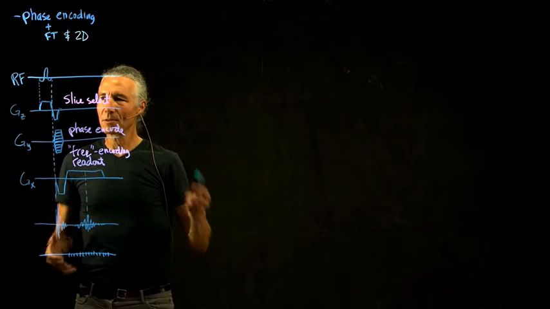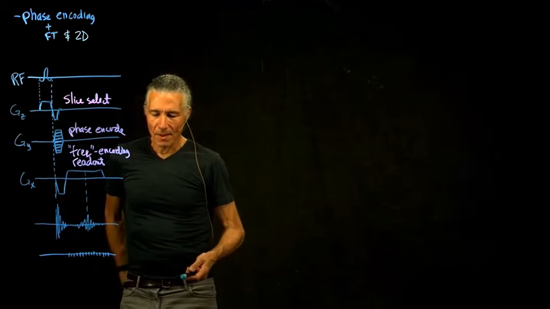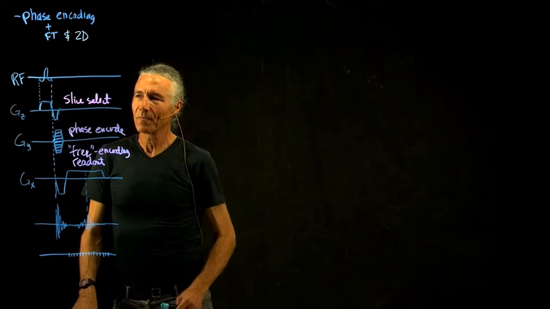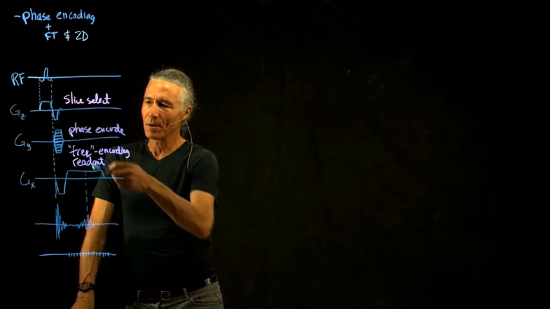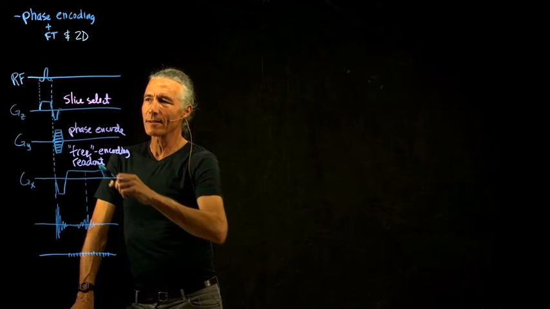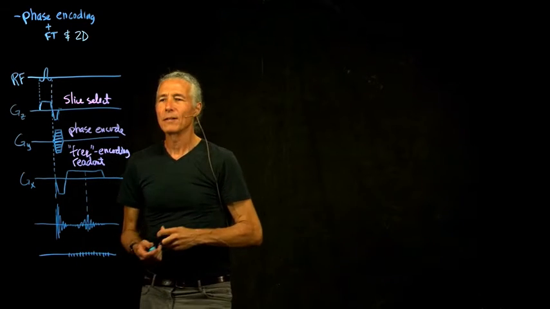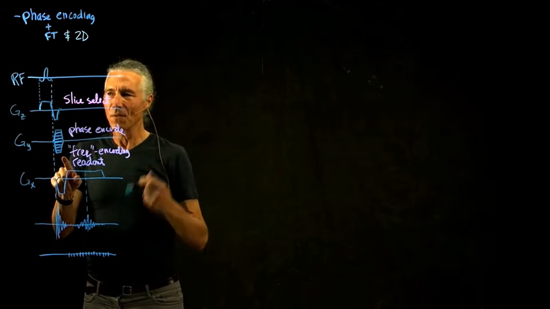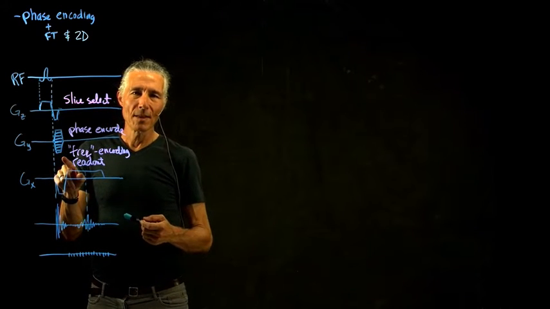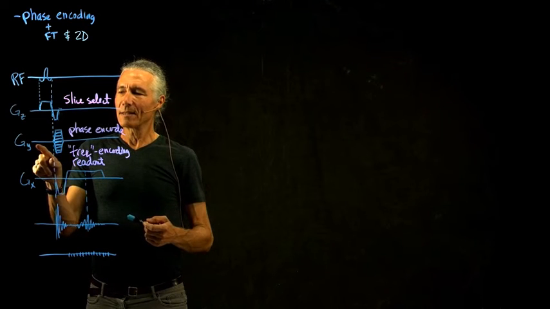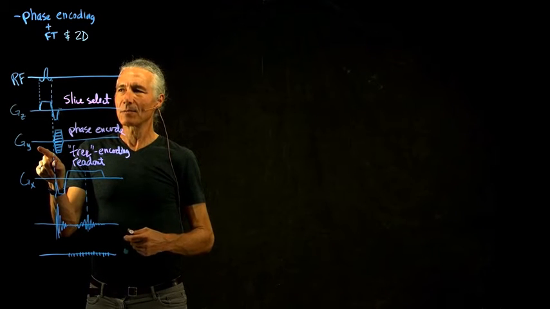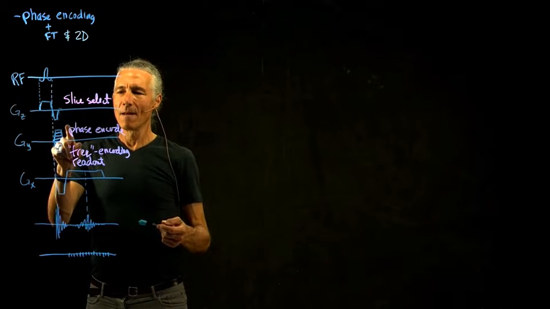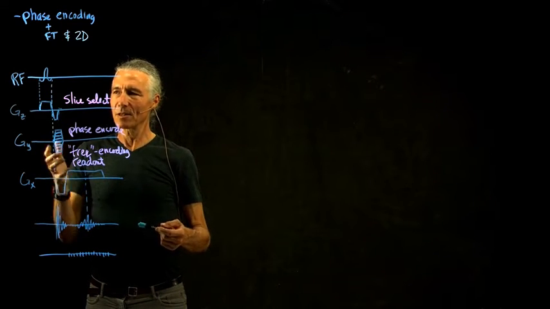There's a kind of pulse sequence called a spiral pulse sequence where the phase encode and the readout are on at the same time. So that's not a critical distinguishing feature. The fundamental distinguishing feature is really only that it's in a different gradient. That's the only difference, fundamentally, conceptually, between phase encoding and frequency encoding: it's just a different gradient.